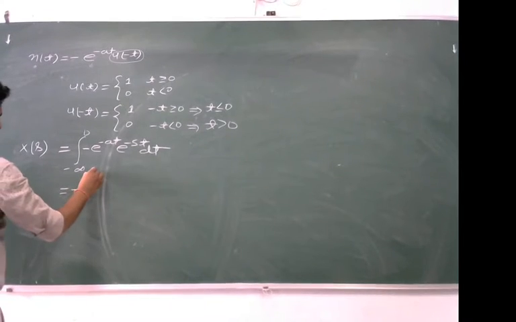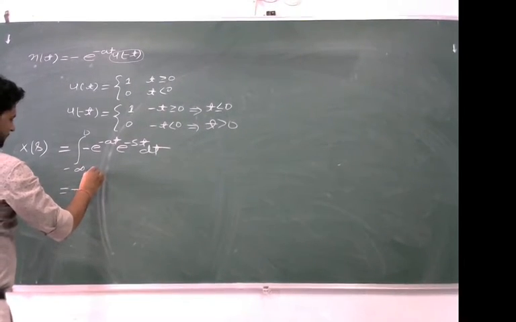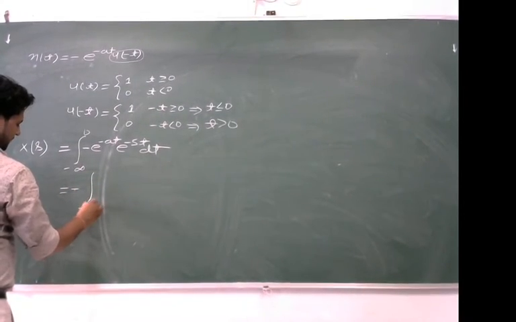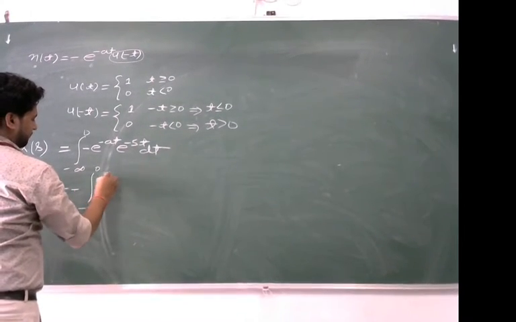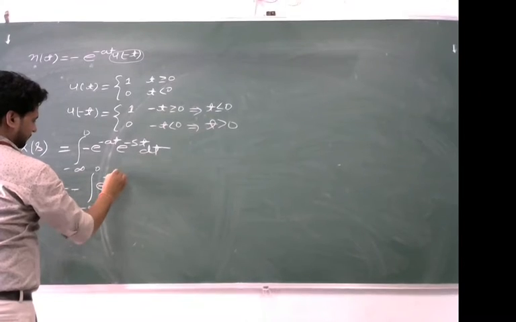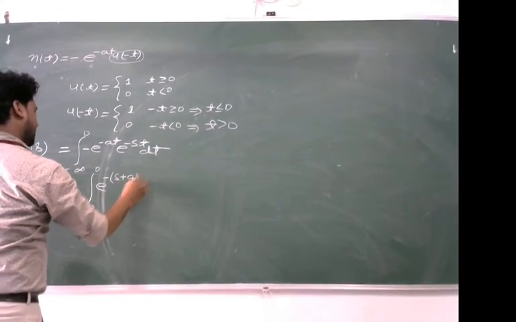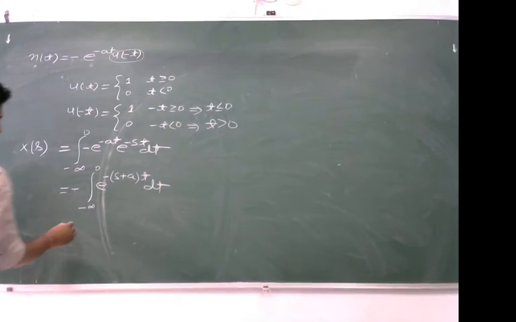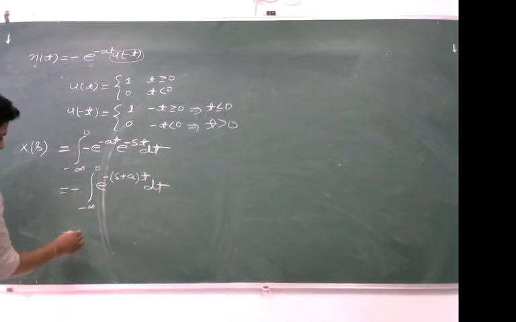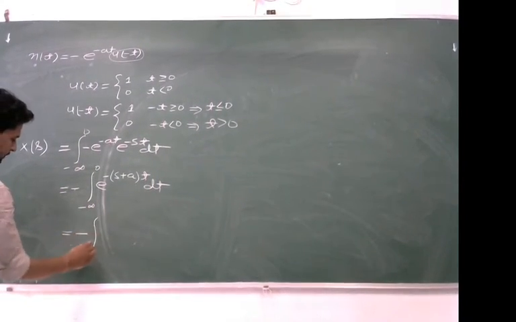Now this will become minus of integration from minus infinity to 0 of e power minus (s plus a) into t dt.